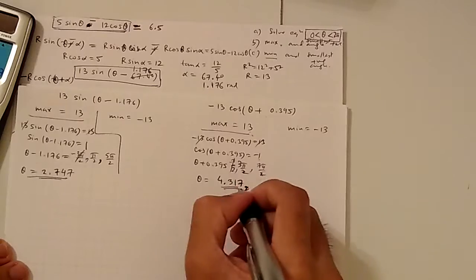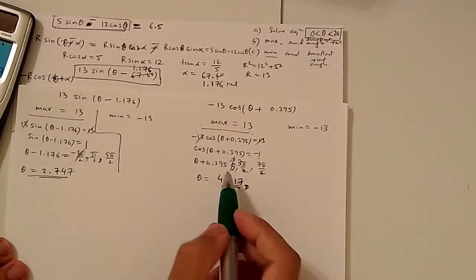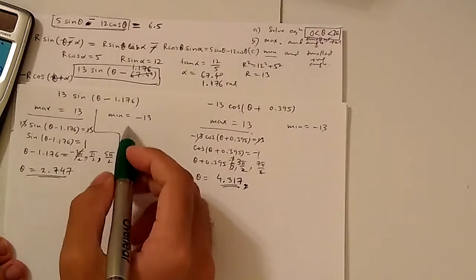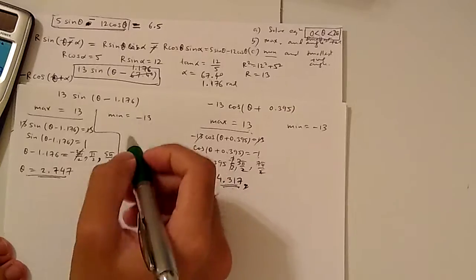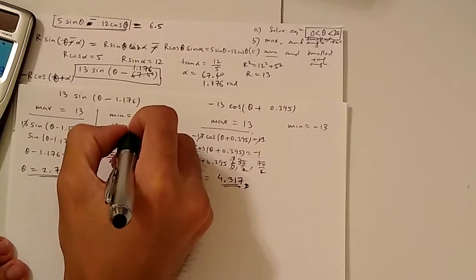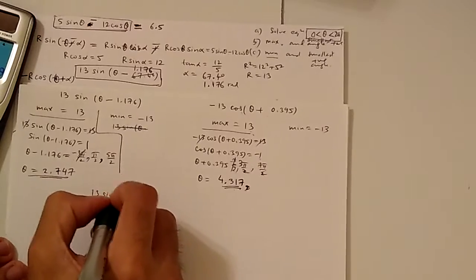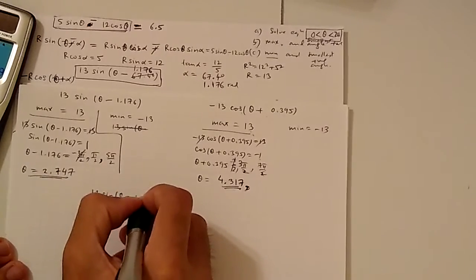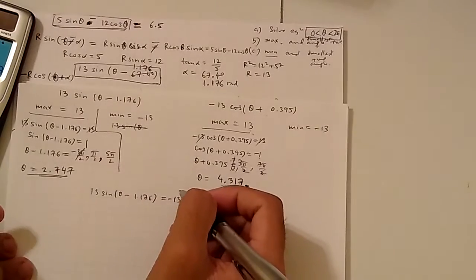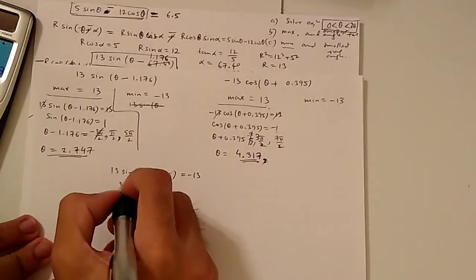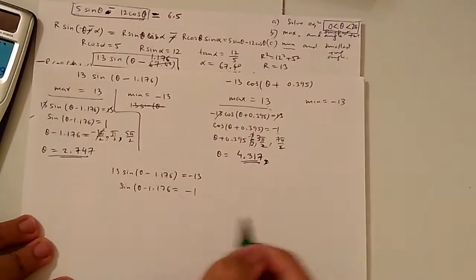Before I try to sort out why this is not matching, let's try to solve this equation over here. The minimum takes place when 13 sine of theta minus 1.176 is equal to minus 13. Okay, that takes place when sine of theta minus 1.176 is equal to minus 1.